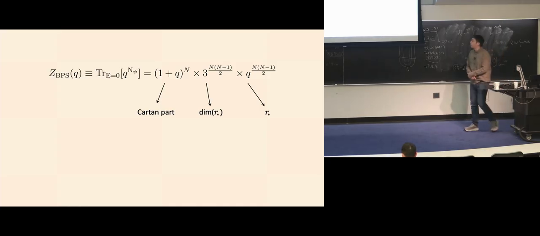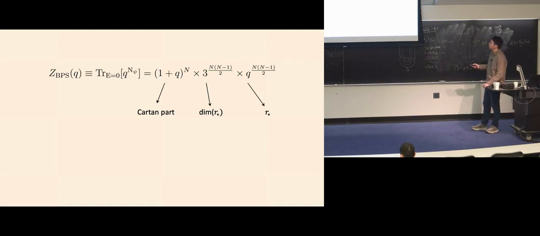Okay, now we can package the information about the BPS states into a function that we call the BPS partition function, and we introduce a fugacity Q that weighs the number of fermions in the BPS states. So the BPS partition function is a trace over the zero energy sector with Q to the number of fermions. And then you see it takes the following form. Basically, Q to the n times n minus 1 over 2 corresponds to the number of fermions in the lower triangle.